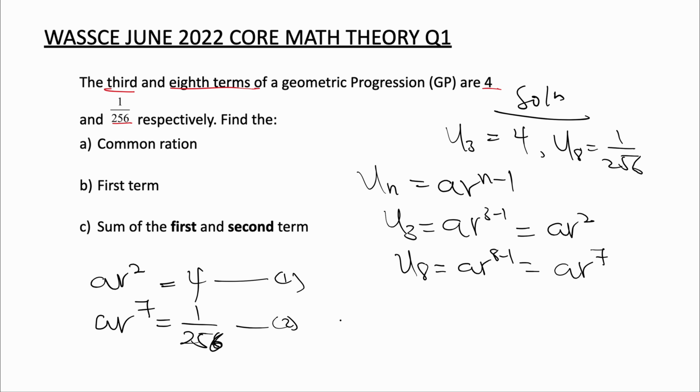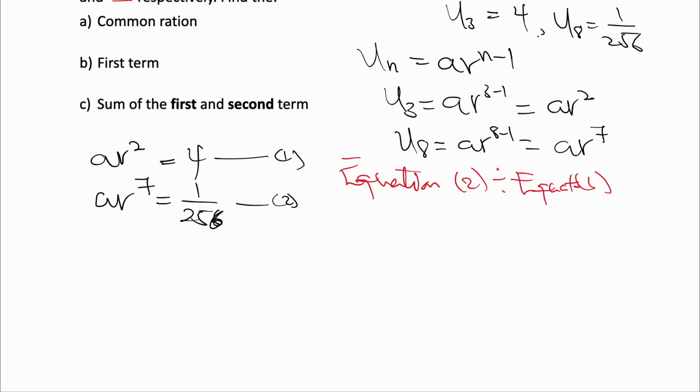Now, if we divide equation 2 by equation 1, we have ar^7 equal to 1 over 256, divided by ar^2 equal to 4.